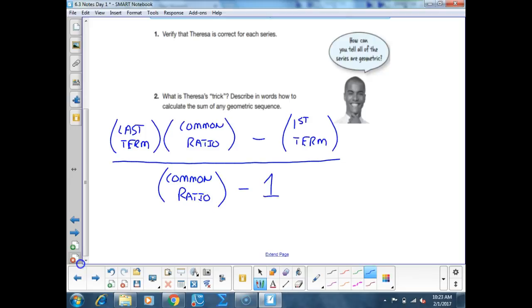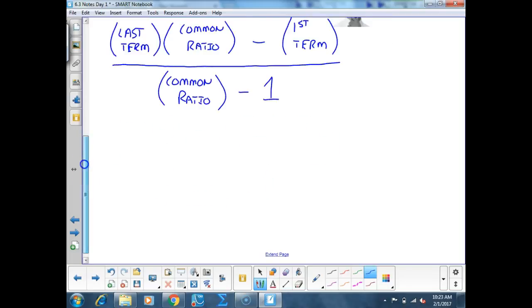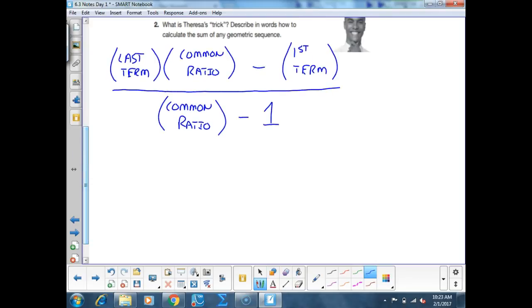Okay. Now, let's put that into formula form. So, the sum of the first n terms of a geometric sequence is, how do we say last term in geometric sequence? Wrong letter. G sub n, because we're geometric now.